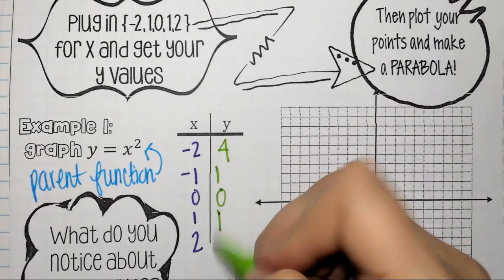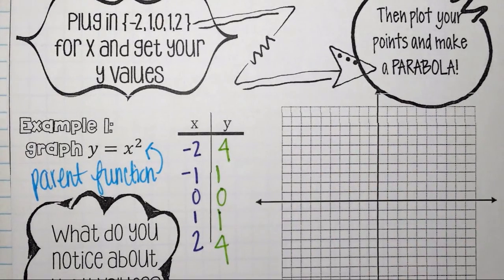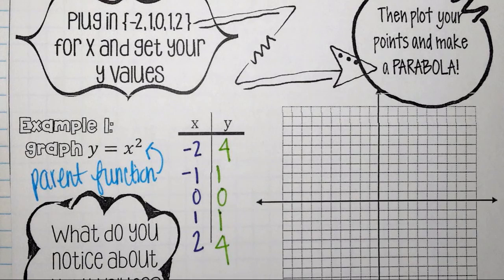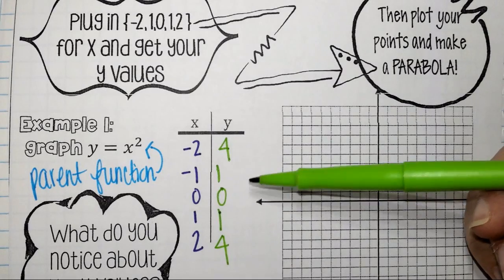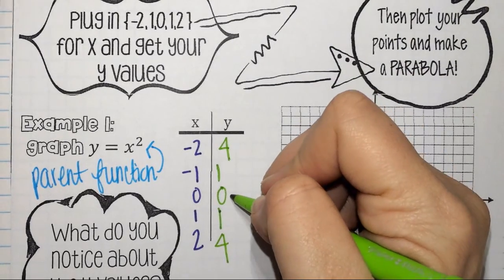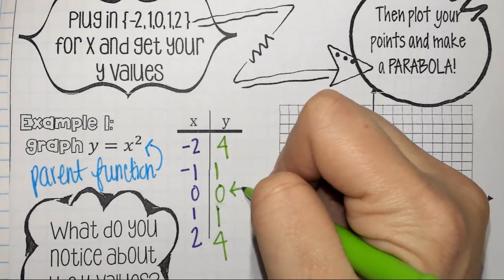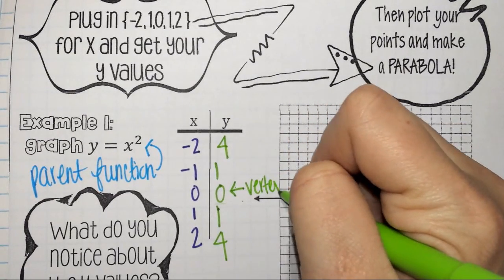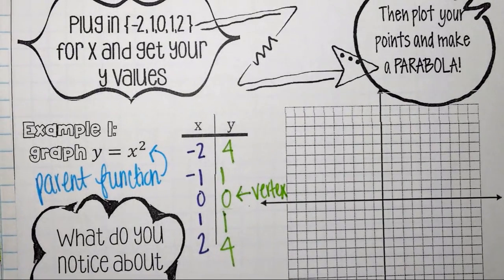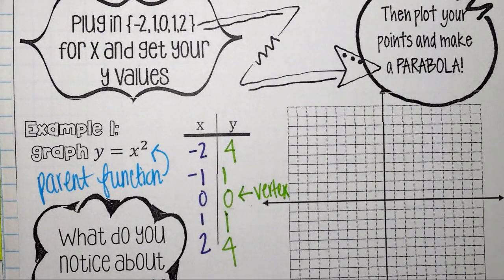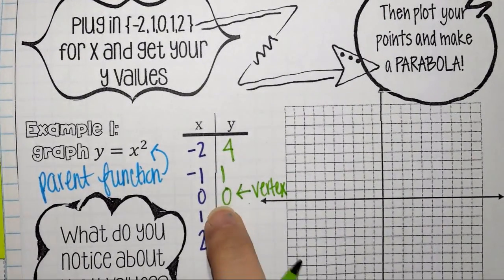And 2 squared is? Now, what do you notice about the y values? They repeat. They're the same, except at what point? 0, 0. So the one that's by itself, the value that doesn't repeat, that's your vertex. So they're going to repeat every single time, and that's how you know you've done your whole parabola. And the one that doesn't repeat is your vertex.